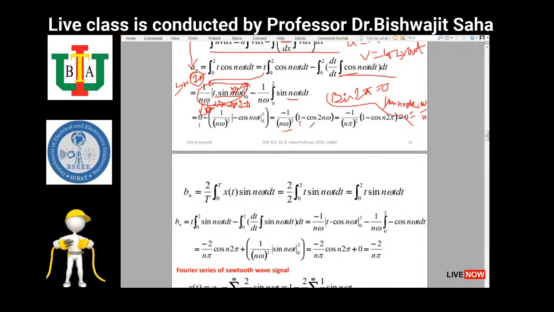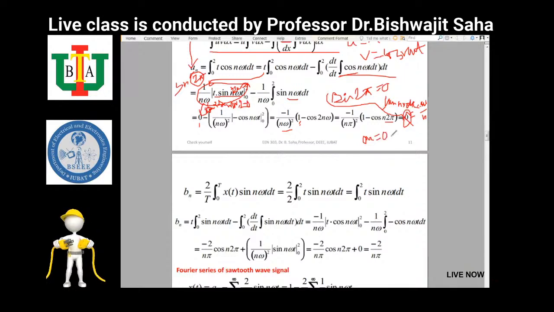So in overall case, look at twice pi. Cos twice pi value, how much? 1, right? Yes, sir. Twice pi, that is also 1. So the an value is 0. An becomes 0 here.